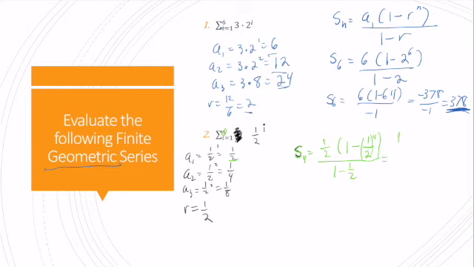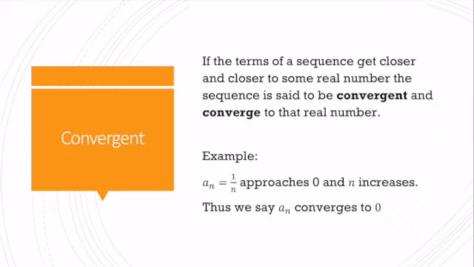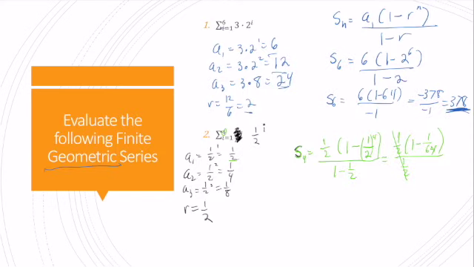So I have 1/2 times 1 minus 1/64 over a half. Well, these two 1/2s are going to cancel. So 1 minus 1/64 is going to be 63/64. So the sum of the first 4 terms of this sequence is going to be 63/64.